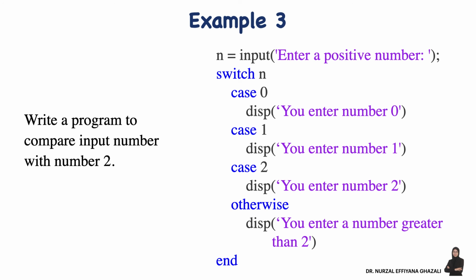If the user enters 1, then MATLAB will display you enter number 1. If the user enters number 2, then MATLAB will display you enter number 2. And else, MATLAB will show you entered a number greater than 2, with the assumption that the user enters only positive numbers. So that's all for this video.